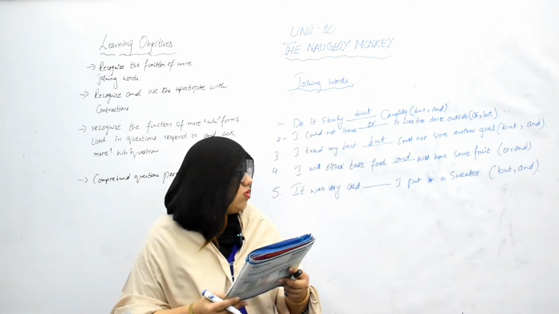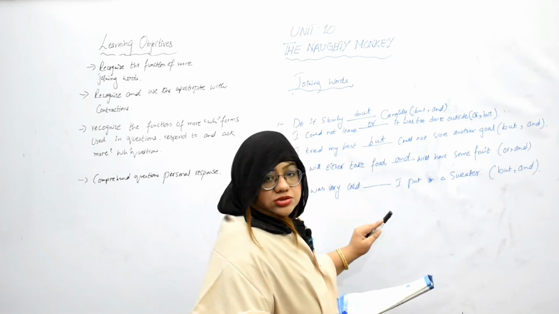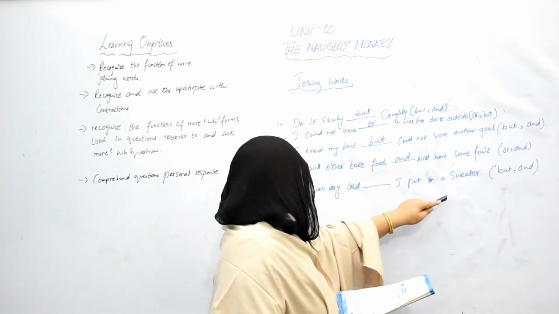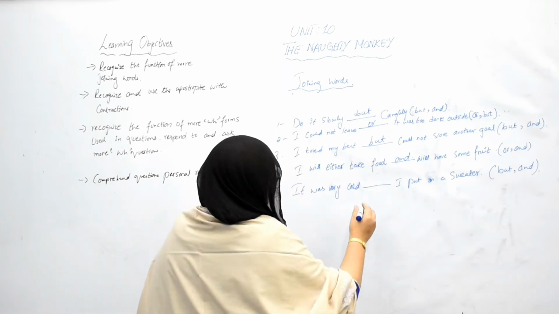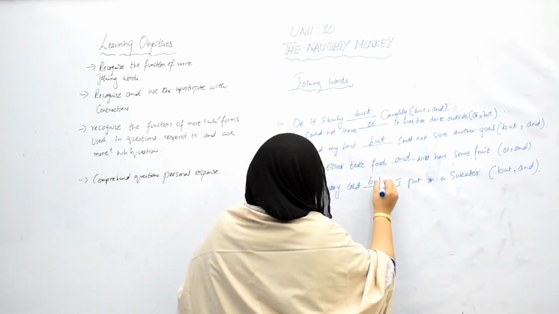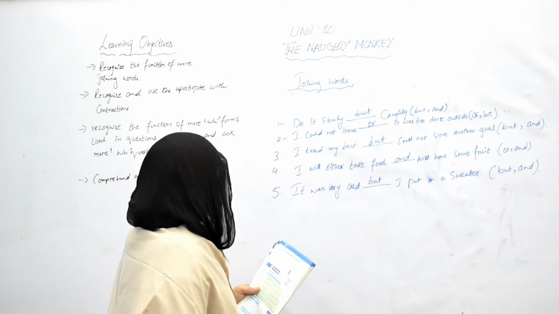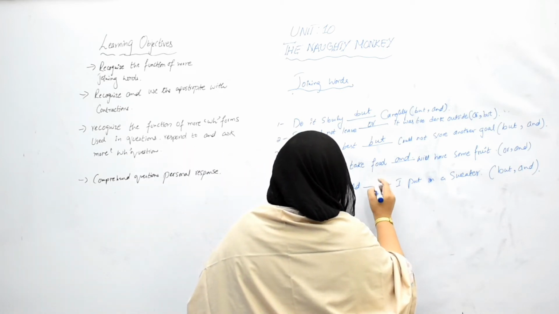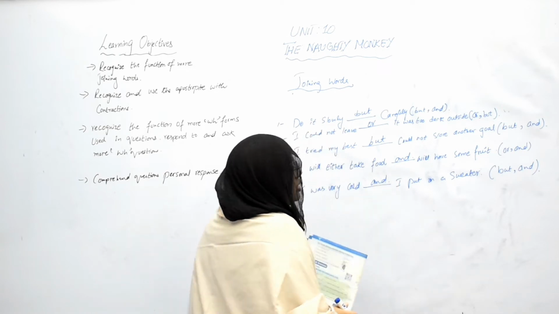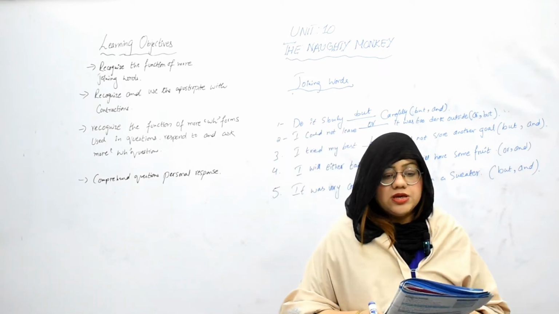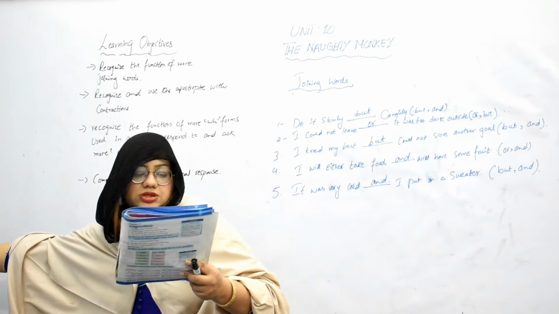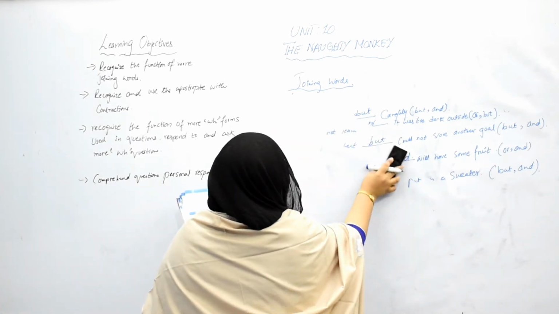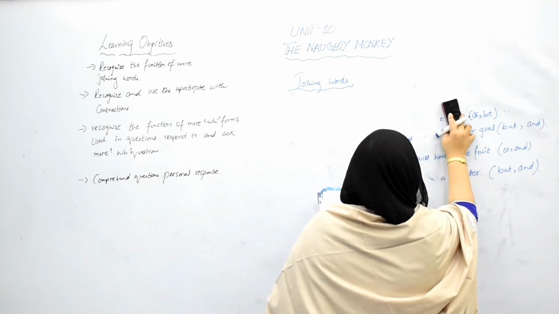It was very cold and I put on a sweater, but I put on a sweater. But it was very cold and I put on a sweater. So these are all, students, the joining words with which we need to complete the sentences.